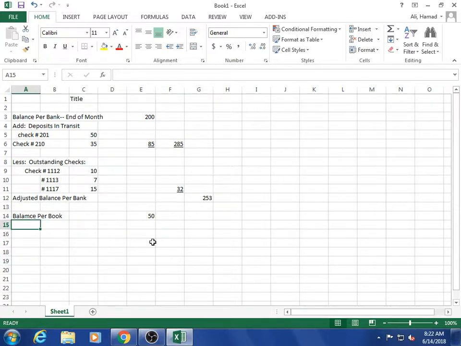Notice, just like what we did with the balance per bank, we have additions and we have subtractions. The same thing for balance per book. So what do we add?